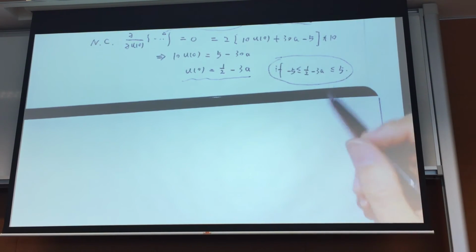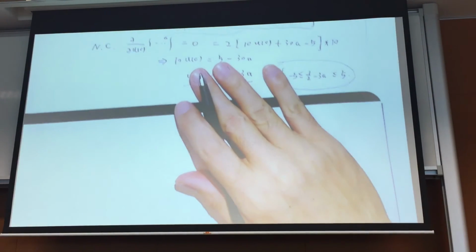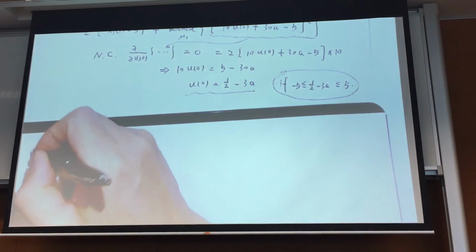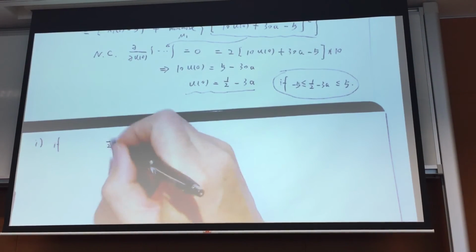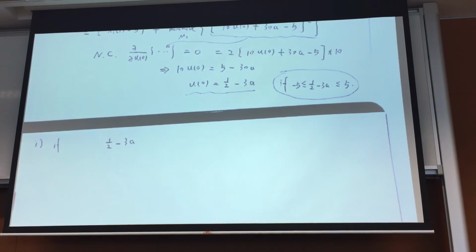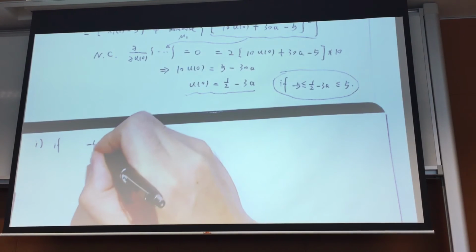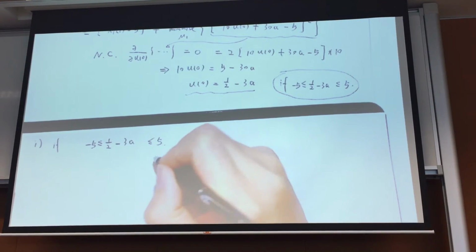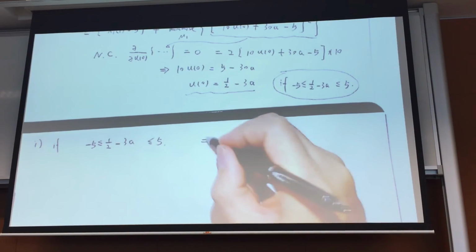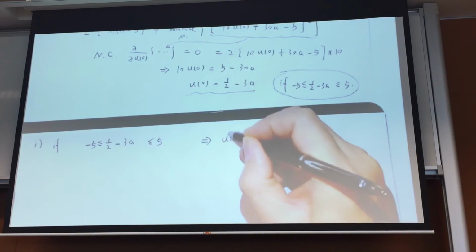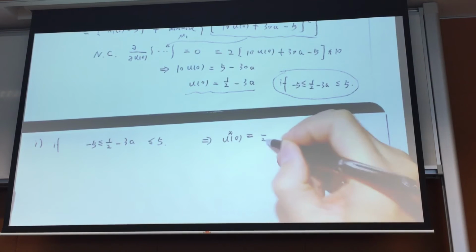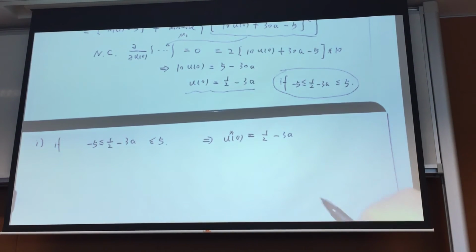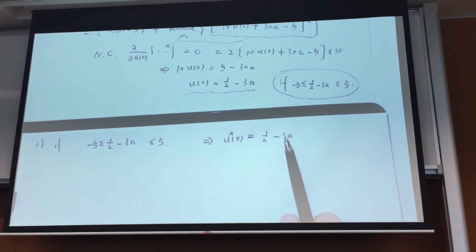So in this case, we also got the 3 situations. It's the same as in the last example. So the first situation, if a half minus 3a is between minus 5 and 5, in this case, we have u0 star equal to a half minus 3a.